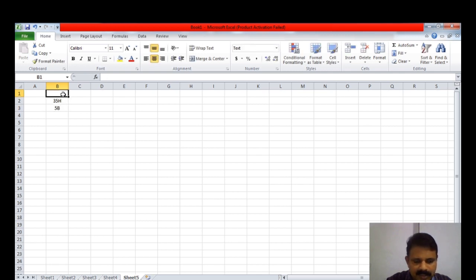The numbers are in hexa, 35 and 5B. What is the result? If we add them, 35 plus 5B, will the overflow flag be set? That is the question. What will be our overflow flag?